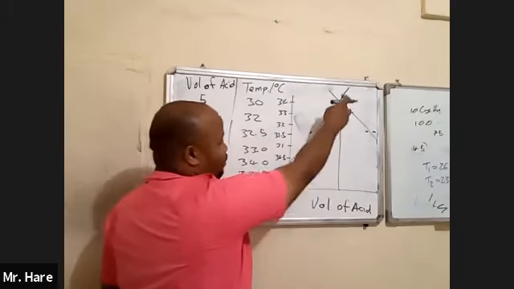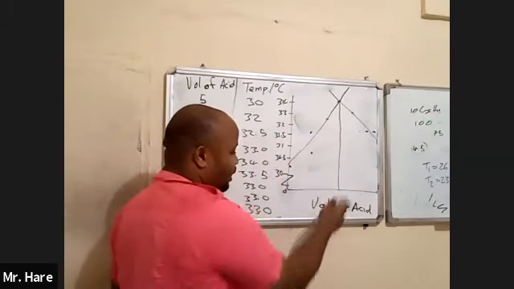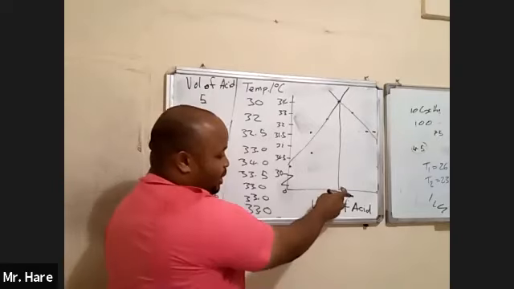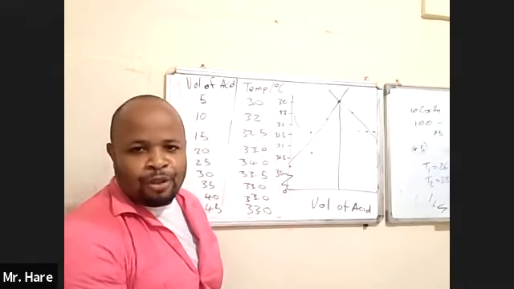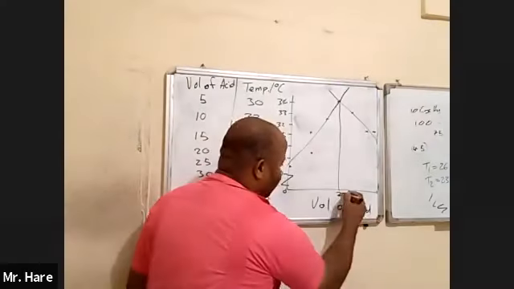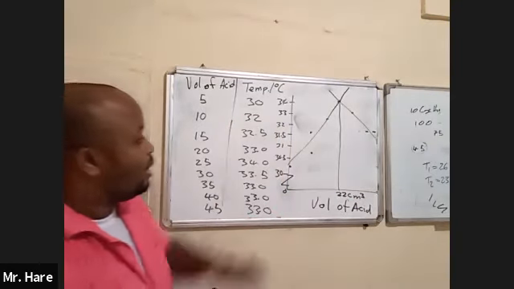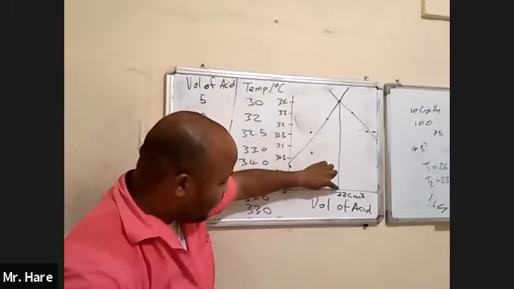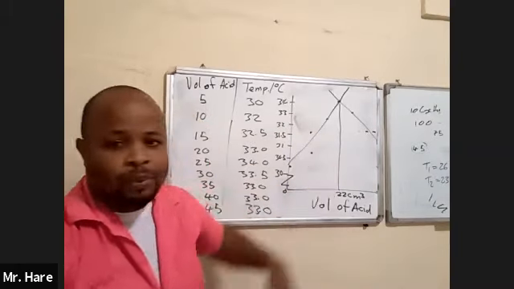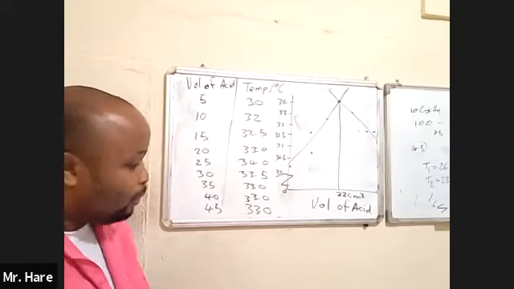So when you draw the line from here down to the x-axis, let us say at this point, the volume is 22 cm cube. All right. Let us say where the line touches the x-axis, it matches with 22 cm cube.